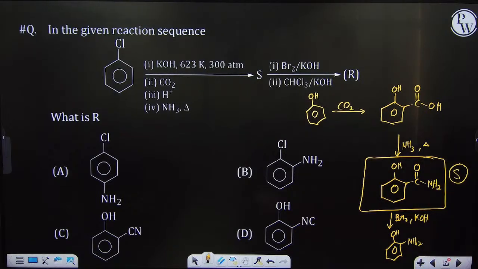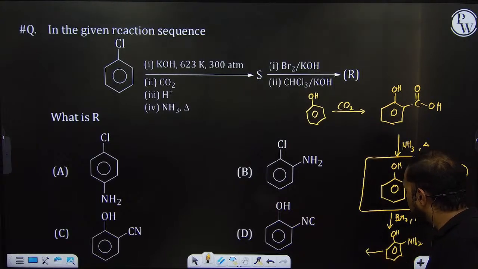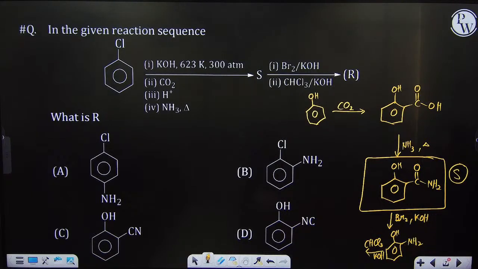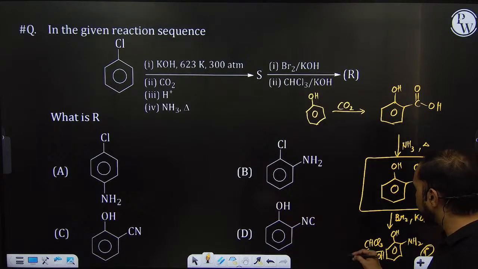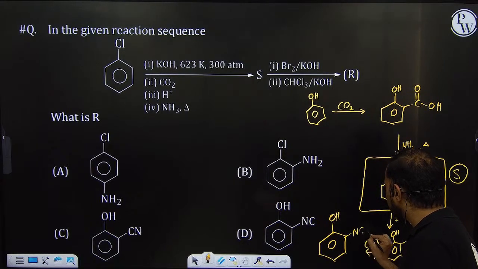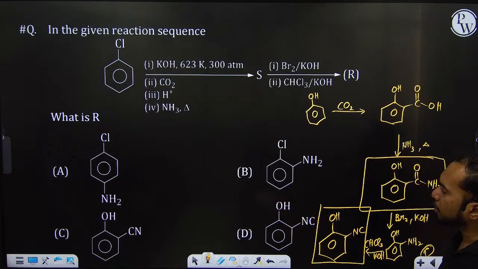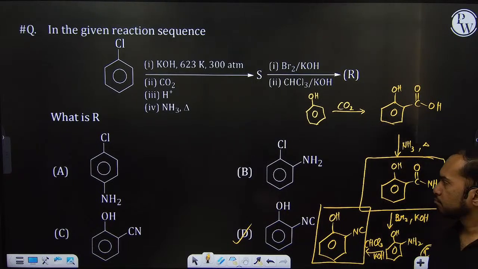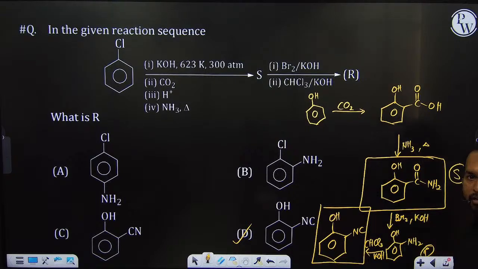This will be the product. Now, finally, this is treated with CHCl3, which is the Carbylamine reaction. This will be counted as a difficult level question.